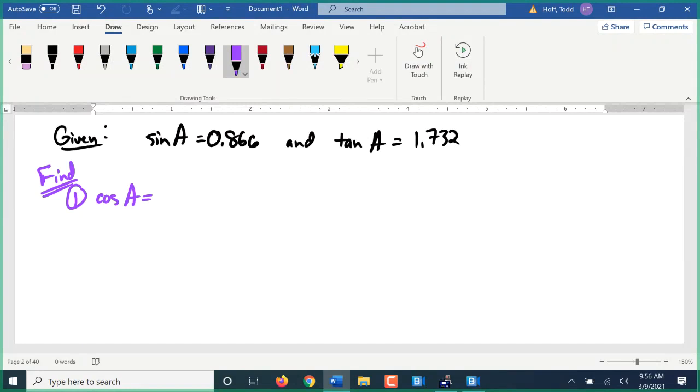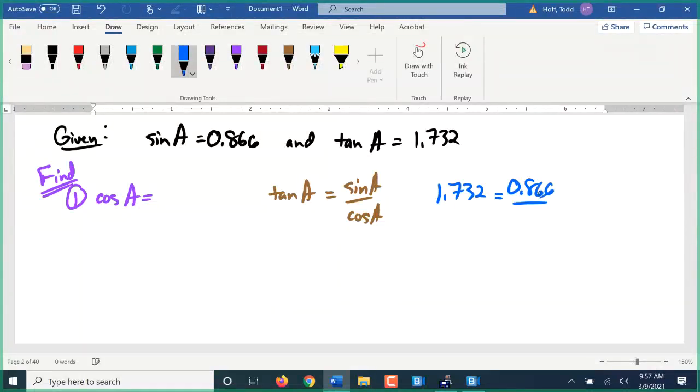Well, the cosine of angle A, I'm going to take a little extra work here. We know that the tangent of A is equal to the sine of A over the cosine of A. So I can fill in some numbers there. I know the tangent is 1.732. That has to equal the sine of 0.866 over the cosine of A. I'm trying to find the cosine of A. Now to solve this, I'm going to just make this a proportion.